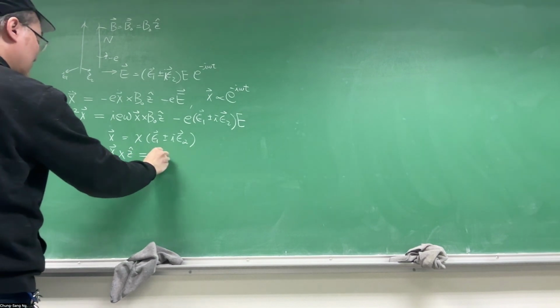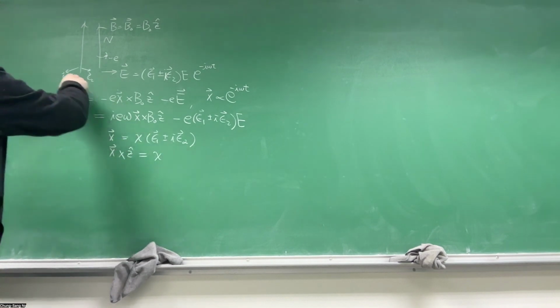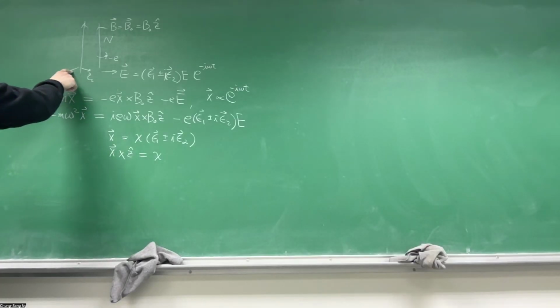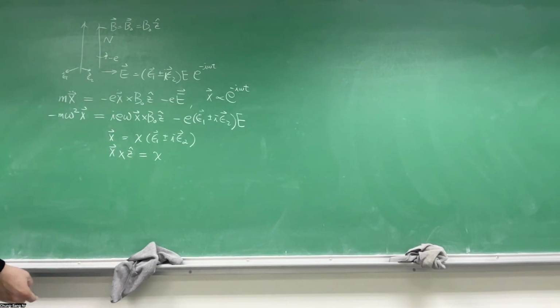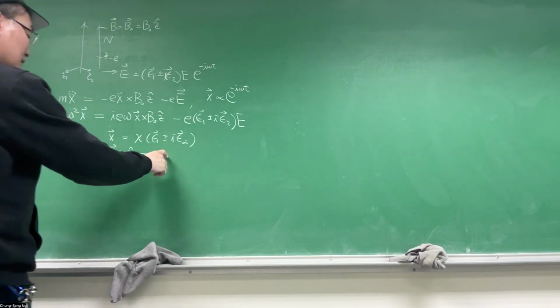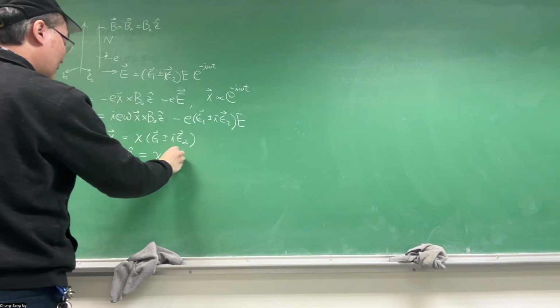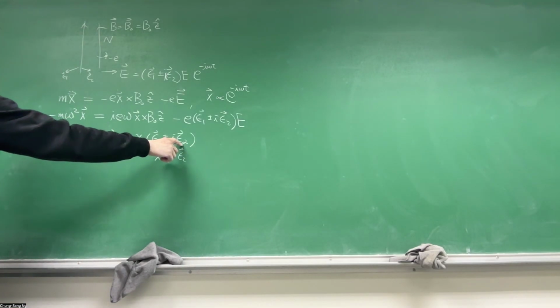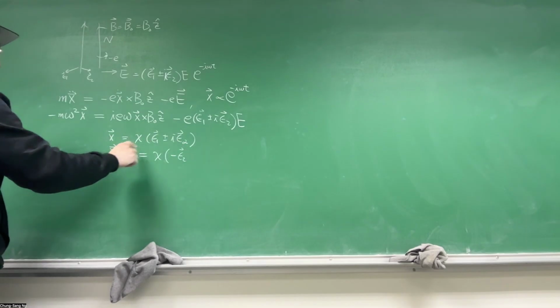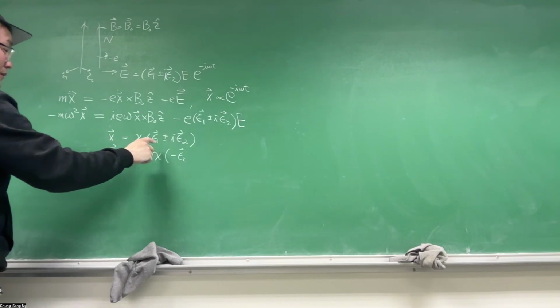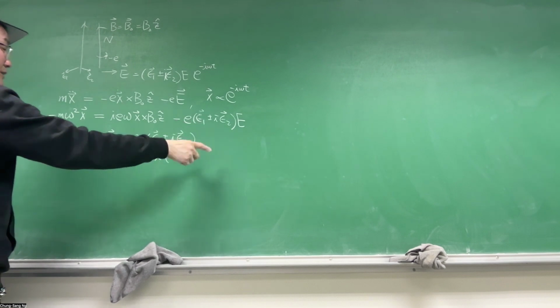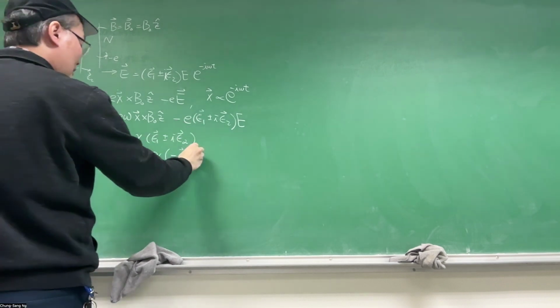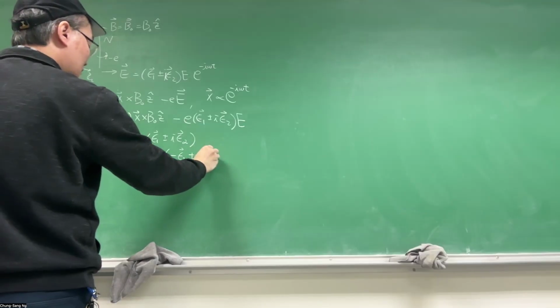This equals x of epsilon 1 cross z. Epsilon 1 is like x, and x cross z is minus y, so this is minus epsilon 2. And epsilon 2 is like y, and y cross z is x, so that gives epsilon 1, times plus or minus i.